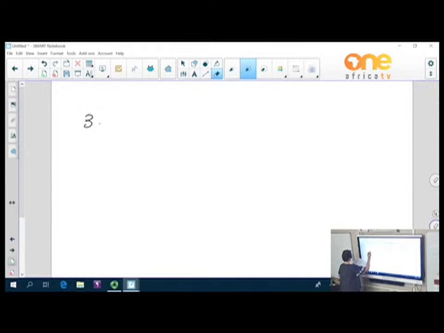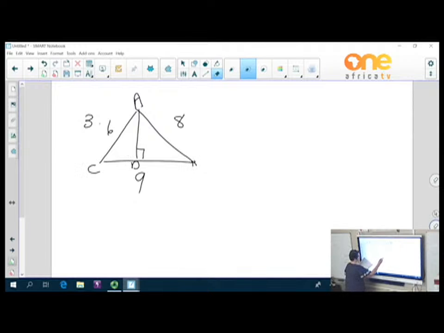Right, the next one, question 3. So we have a sketch there, and you can immediately see that here is also a right angle triangle there. A, that one is 6, this one is 8, the whole one here is 9, CDB. Now we want to calculate angle ABC.